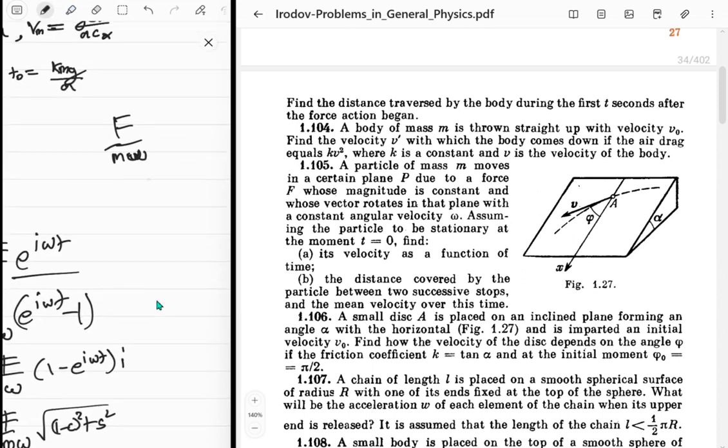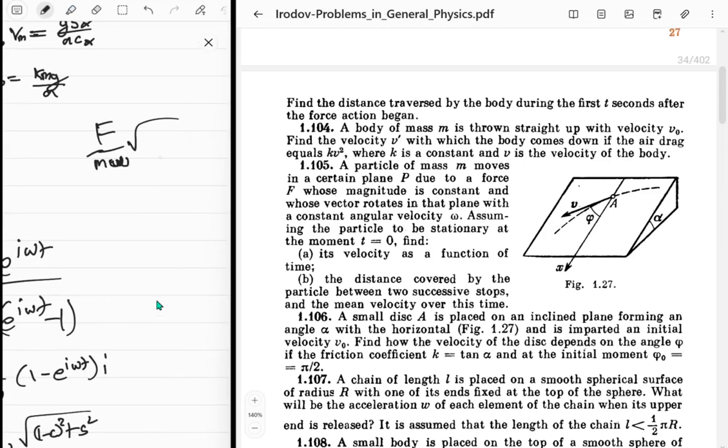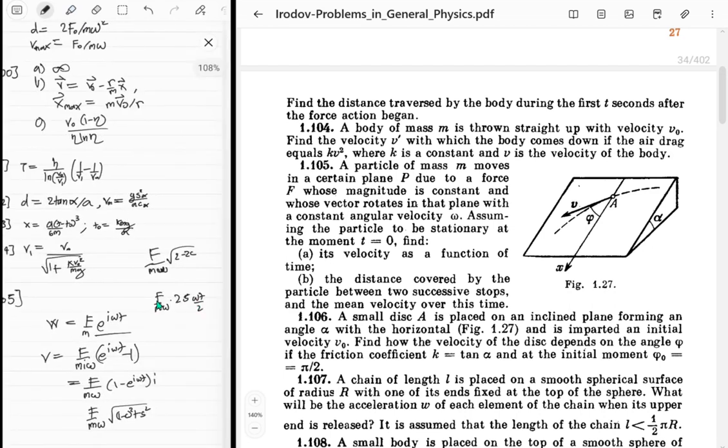I just didn't sleep well last night, so I might be a little slower today. It's the square root of 2 minus 2 cosine of omega t. Oh, this is the well-known thing. So it's just F upon m omega times 2 sine of omega t upon 2. This is well-known, I don't have to explain this.